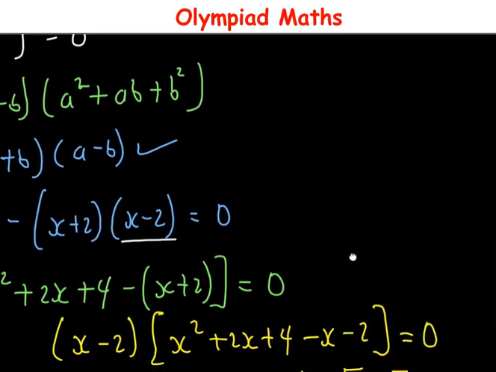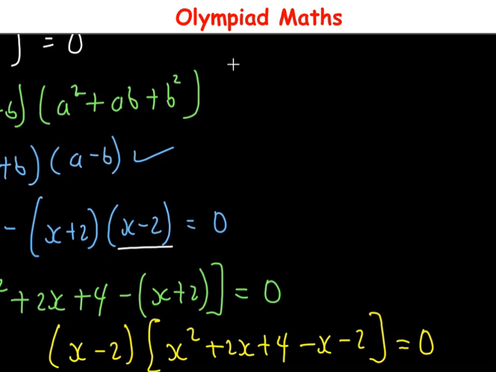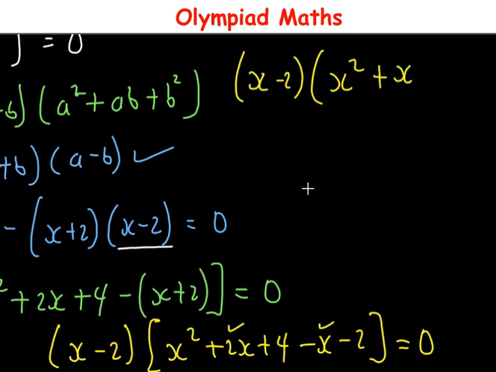At this junction, we have (x minus 2) multiplied by (x squared plus 2x minus x, that will give us plus x, plus 4 minus 2, that will give us plus 2). This equals 0.